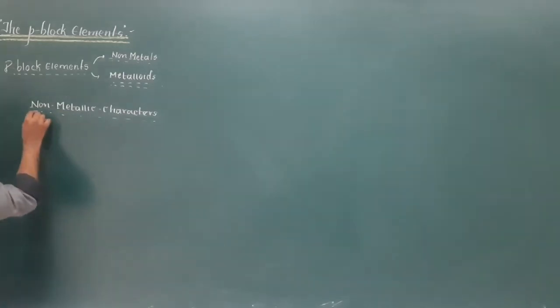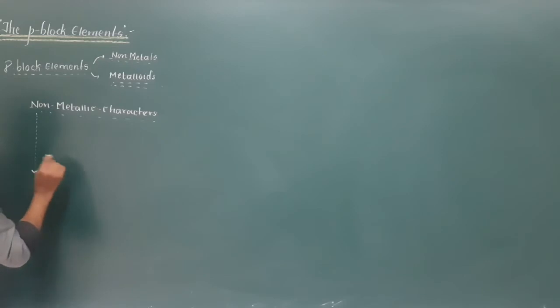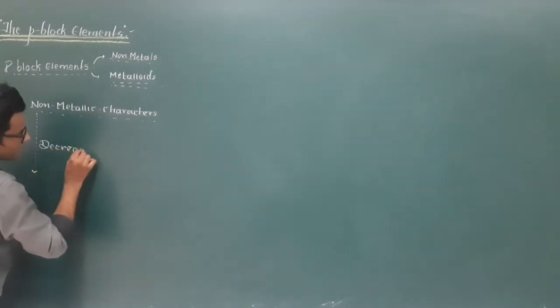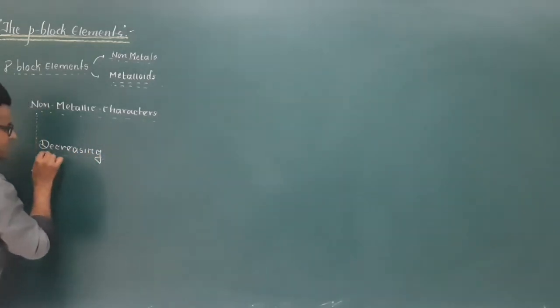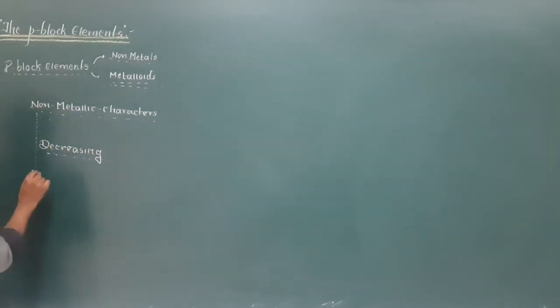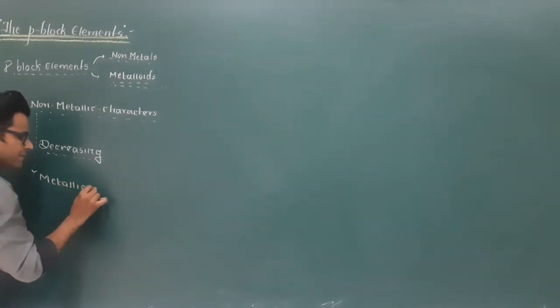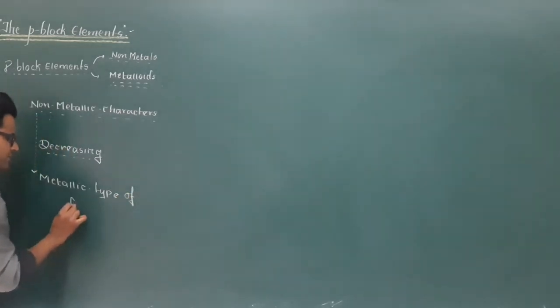As we go down the group, these non-metallic characters go on decreasing. As they go on decreasing, the elements which come down successively will have more metallic type of characters.